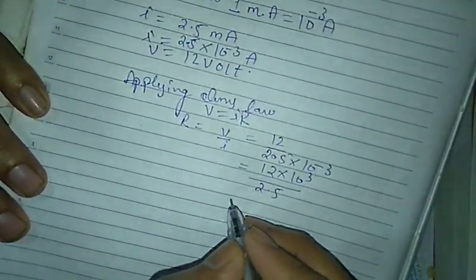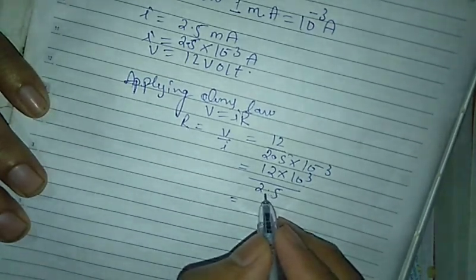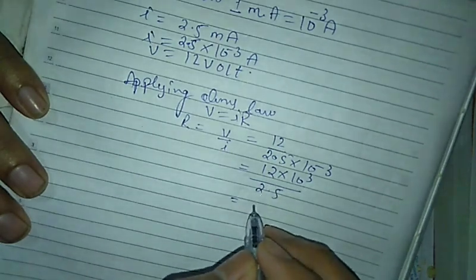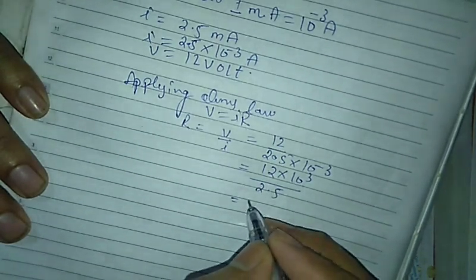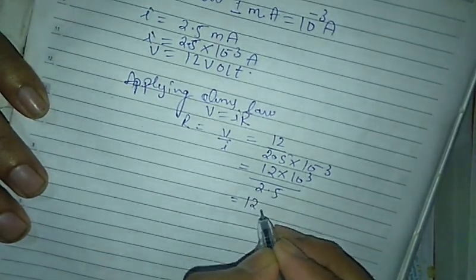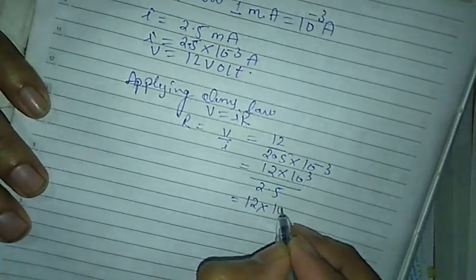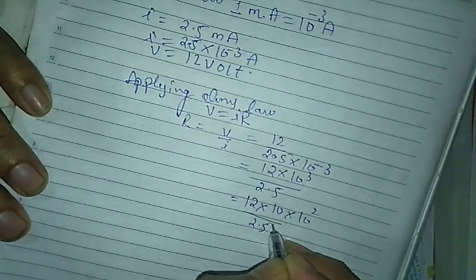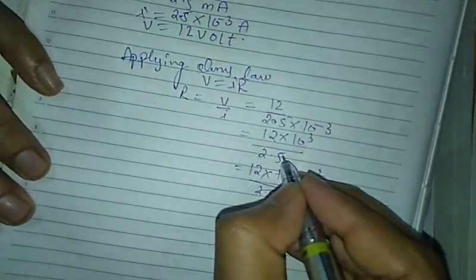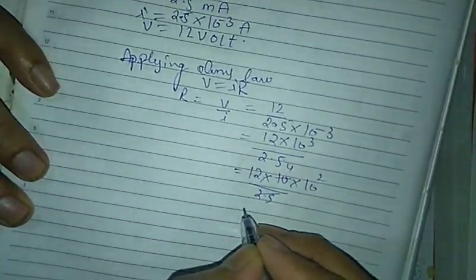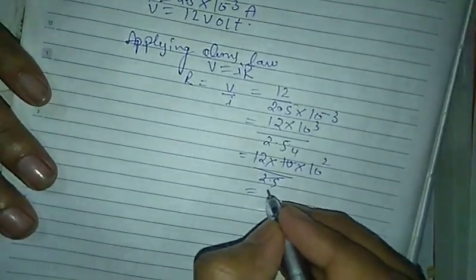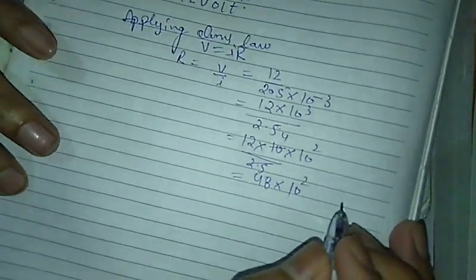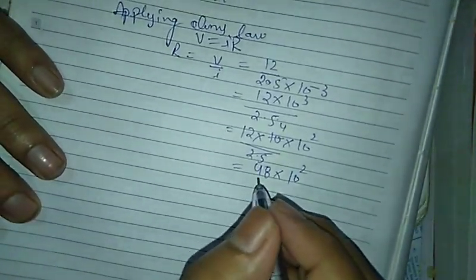Okay, students, now let's see. Here it is 2.5 and here it is 12. So what do we have to do? For 12 into 10 power 3, we can write 10 into 10 power 2. By 2.5, 10 will go 4 times. So it will be 12 into 4, 48 into 10 power 2.